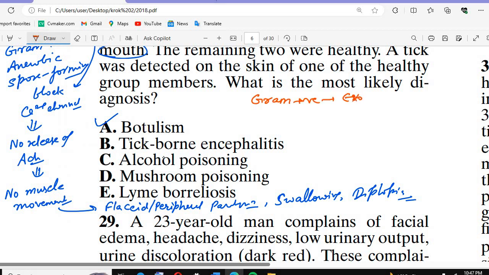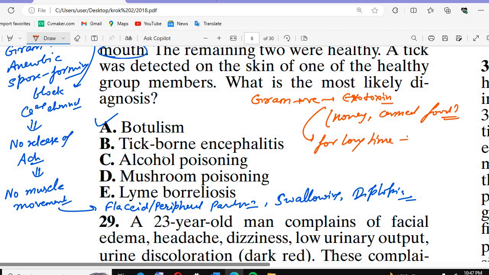This exotoxin, the botulinum toxin, is present in honey or canned foods. If you consume it for a long time, it can cause respiratory arrest. That's why botulinum toxin is very harmful.